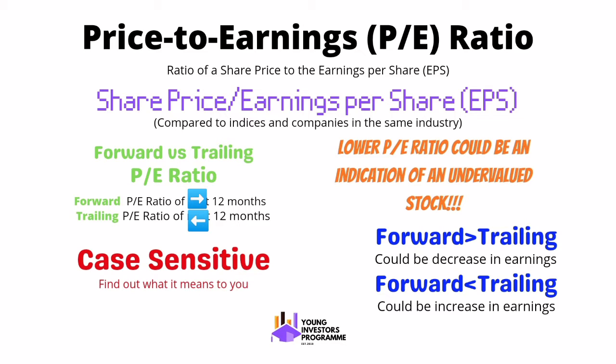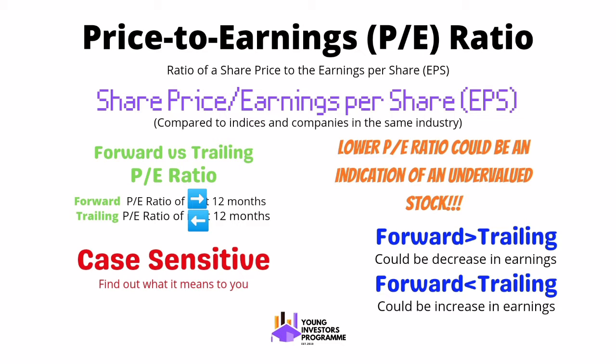A lower PE ratio could mean that the stock is fairly undervalued. This, of course, could be case sensitive, but a good measure would be reading into the forward versus trailing, in that if the forward is larger than the trailing, there could be a decrease in earnings, and if the trailing is larger than the forward, there could be an increase in earnings.